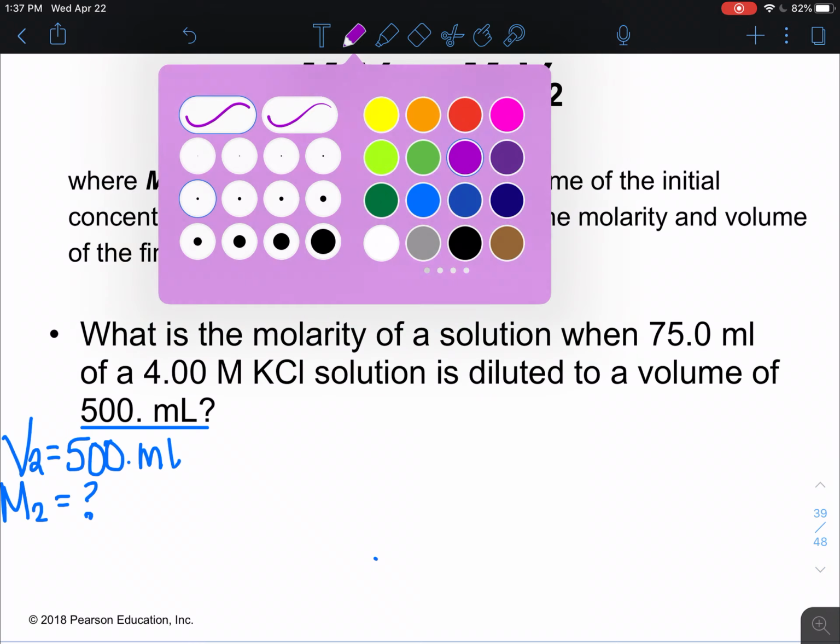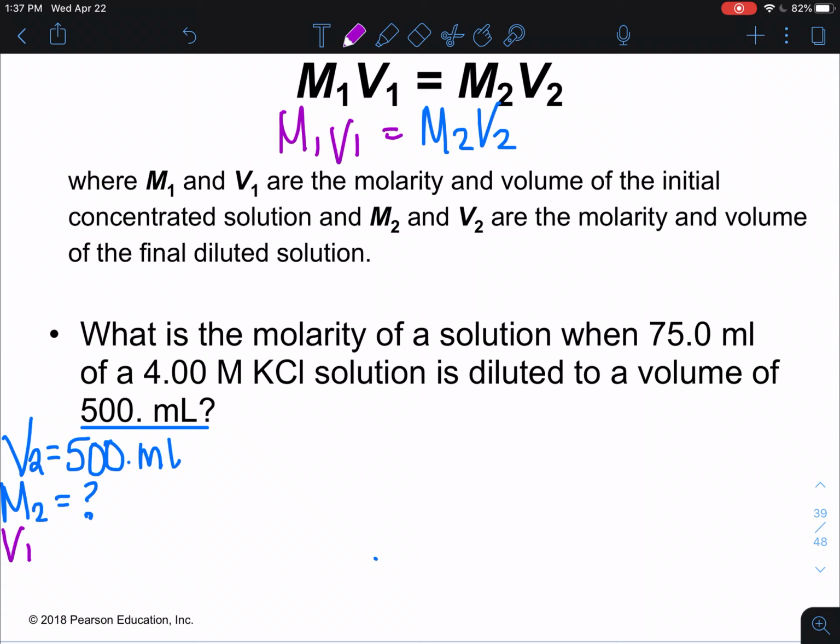And then finally our V1 is going to be 75 milliliters. And our M1 is going to be 4.00 molar.